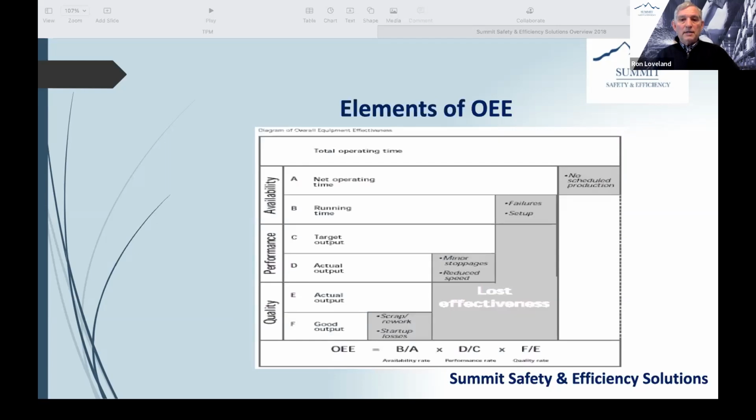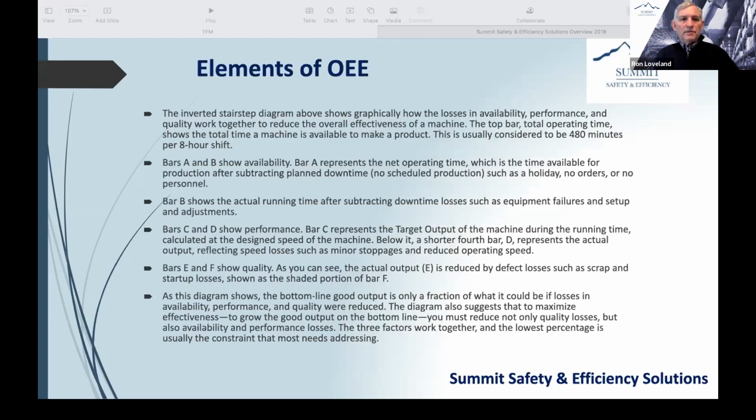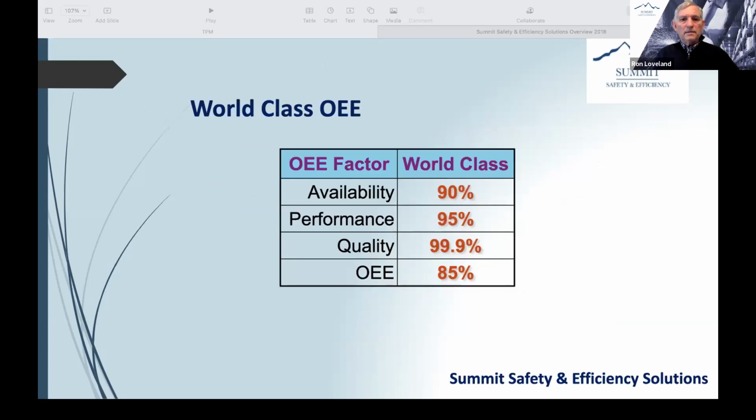This kind of gives you an idea of areas that you may be looking at with scrap and rework, minor stoppages, etc. So, as the maintenance manager of a facility, you kind of take an overall look of what's happening with your operation, and this would be a good data point to take a look at in your operation. This talks about the graph before, which is basically a stair step, and you want to try to avoid those losses that you see in the stair step.